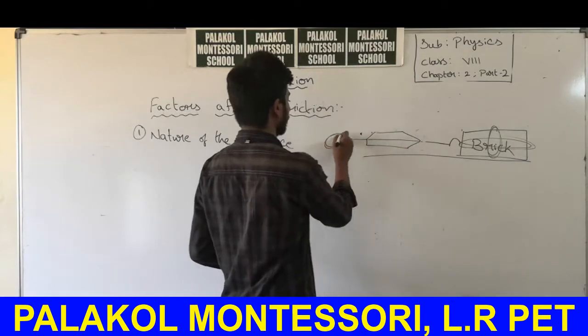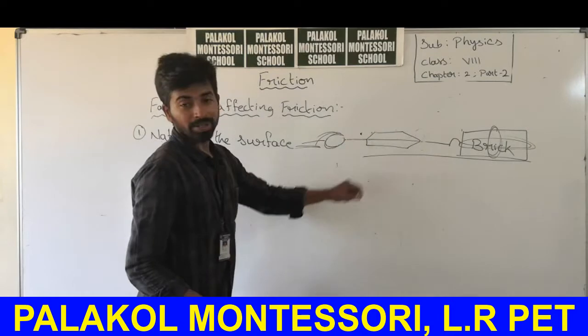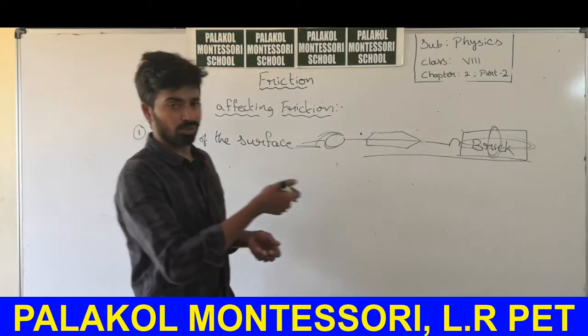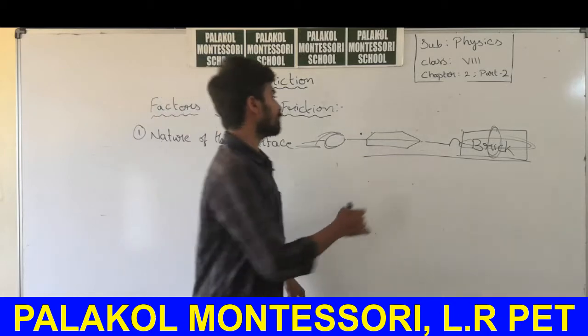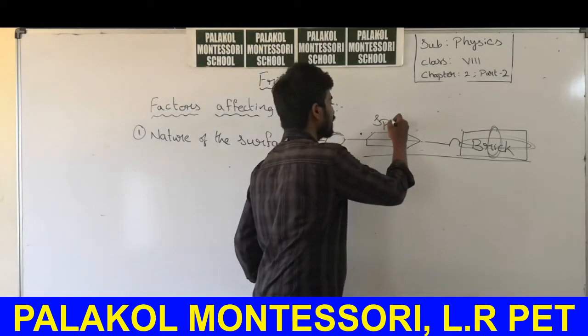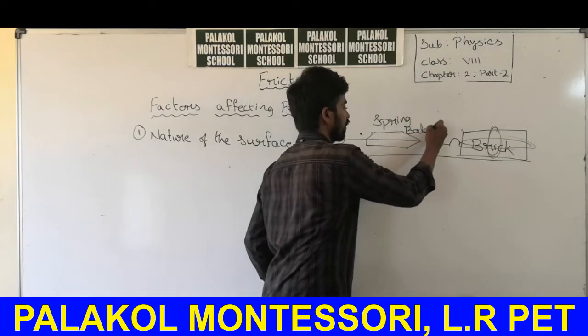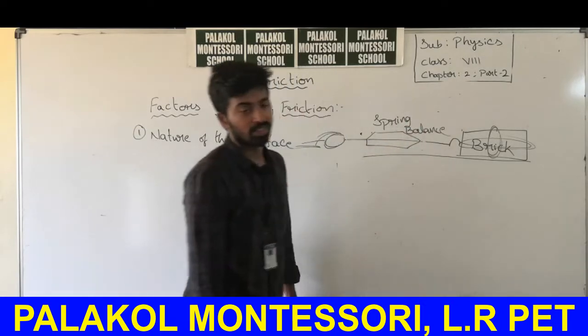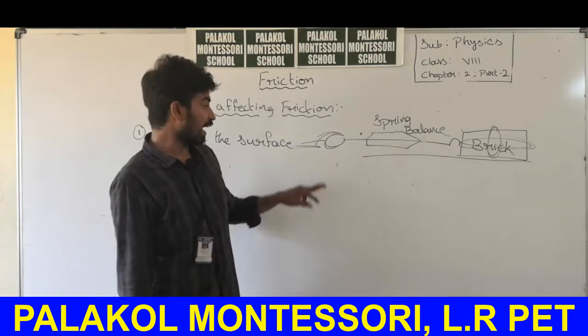So, you are pulling from this side, this is your hand, imagine. You are pulling the brick in this direction through a spring balance. The spring balance helps to find the applied force.